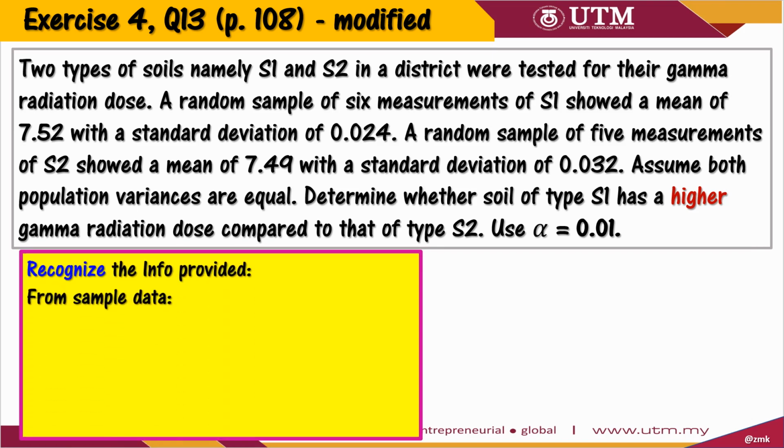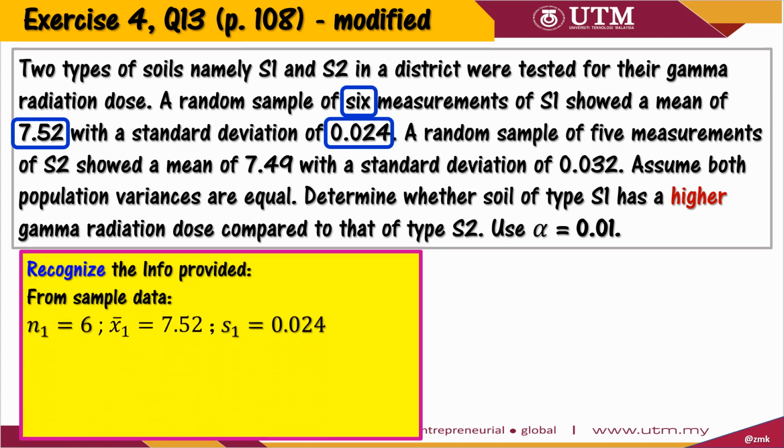Based on the sample data from the two types of soils, we have information from type 1, such as the sample size, the sample mean, and the sample standard deviation. So we can write down the information like this. n1 is 6, x bar 1 is 7.52, and s1 is 0.024.